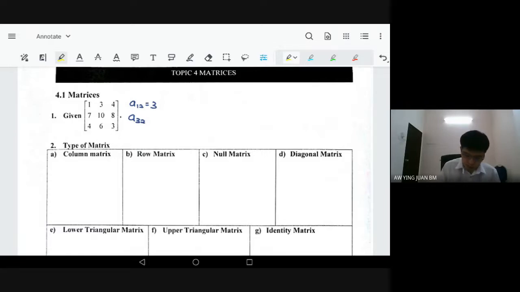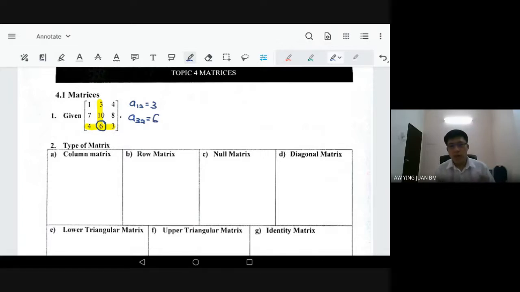Row number 3, we have 4, 6 and 3. Kemudian digit yang kedua belongs to column. Column 1, 1, 7, 4. Column 2, 3, 10 and 6. Macam biasa, cari intersectionnya. Jawapan dia adalah element or entry 3, 2 which is equals to 6.